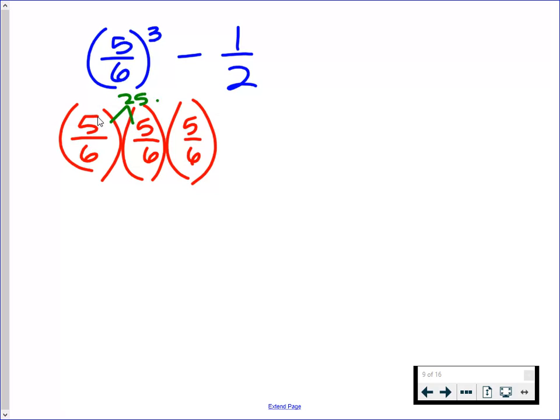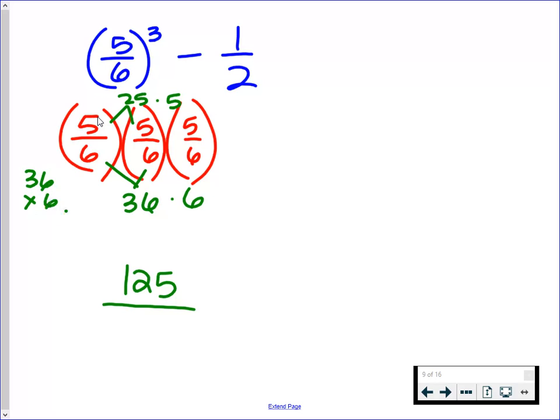Did you memorize it? 6 times 6 is 36 times 6. What in the world?